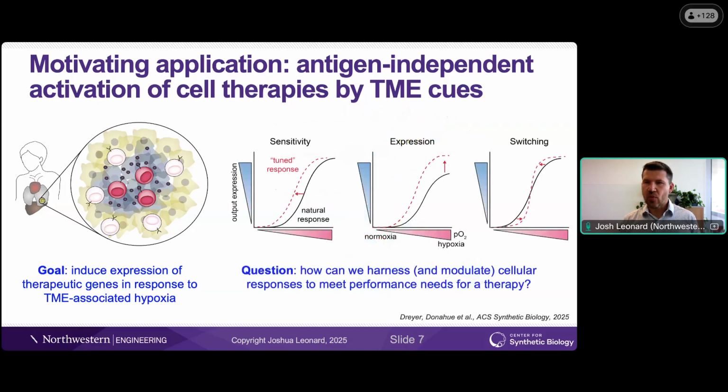For example, what are the things we need to do to take that base hypoxia responsive promoter and change the performance characteristics? What are the things we can access, and maybe what are the things we can't access, in order to make that technology more aligned with the performance needs of a therapeutic? The story I'll tell you is one we published recently in ACS Synthetic Biology, focused on that goal.